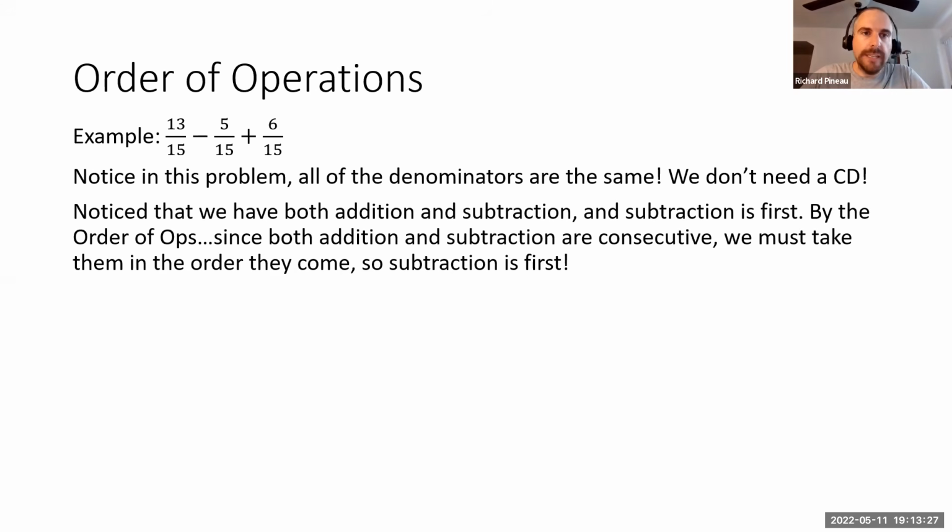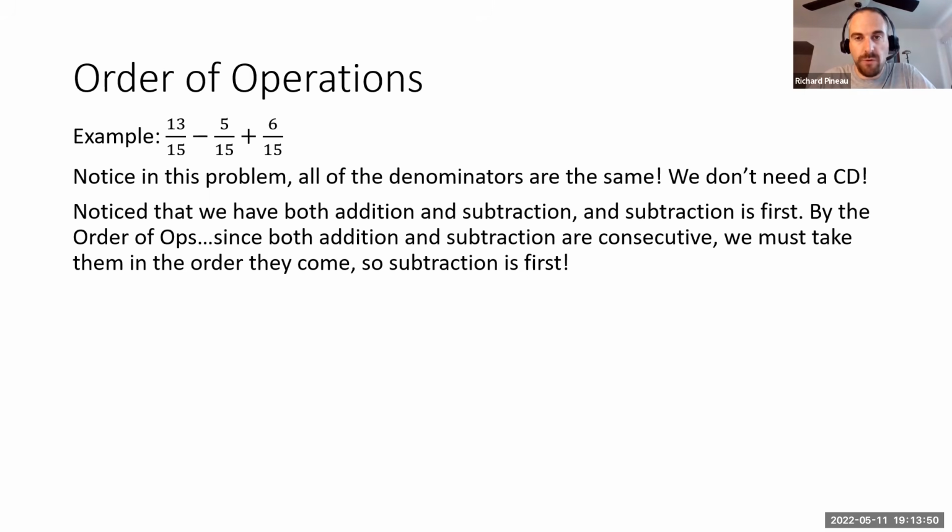Now, notice that we have both addition and subtraction, but subtraction's first. By the order of operations, since both addition and subtraction are consecutive, in other words, it happens one after another, we must take them in the order they come. So subtraction is first.